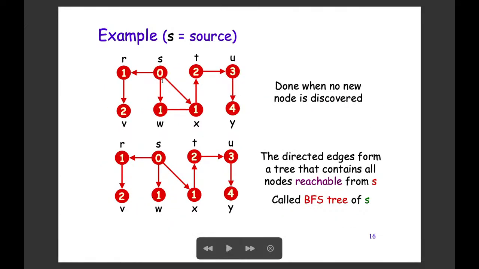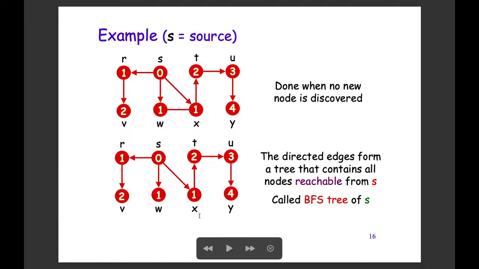In the end, you will see that we actually get a tree with S as the root, S the source. S points to all the distance 1 neighbors directly, the distance 1 neighbors point to the distance 2 neighbors that they discovered next, 2 points to 3, and 3 points to 4.